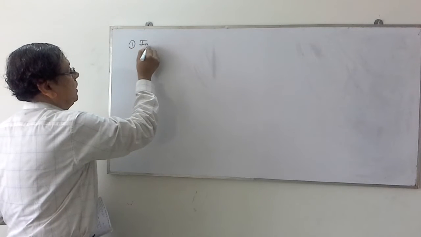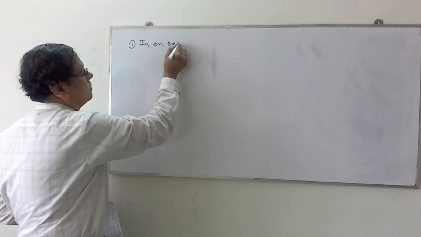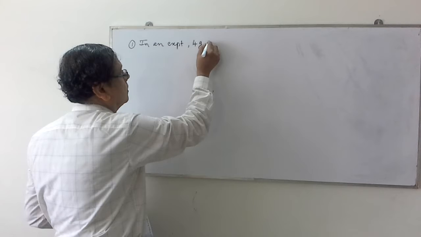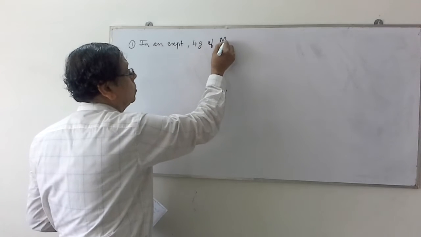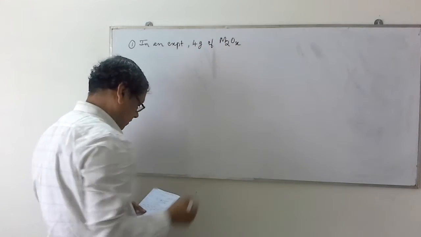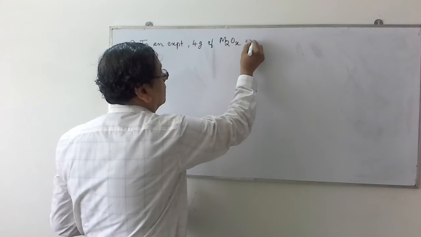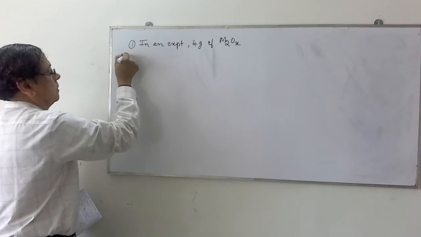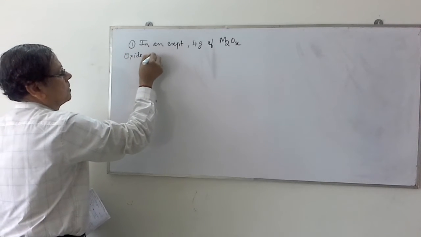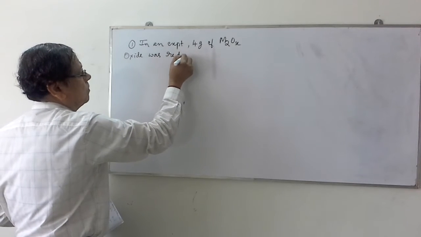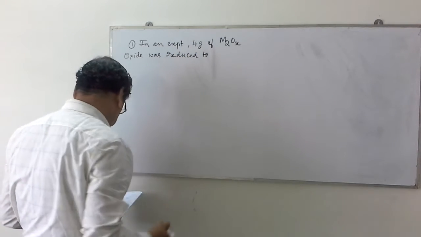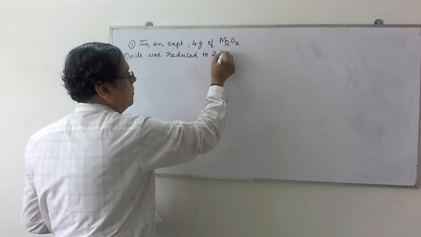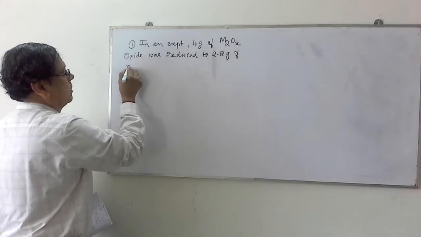In an experiment, 4 grams of metal oxide M2OX was reduced to 2.8 grams of metal.